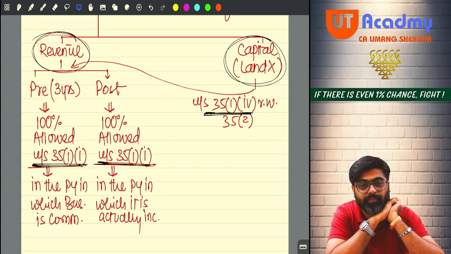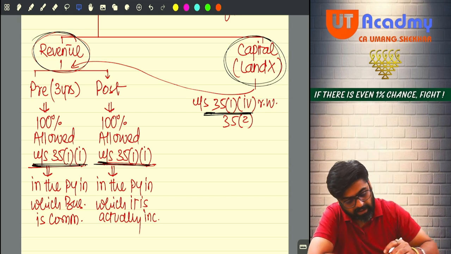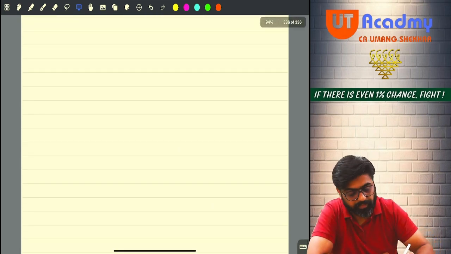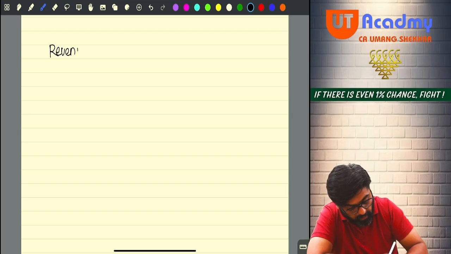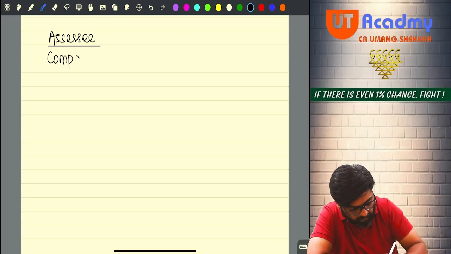Getting my point? So what used to happen, see, I'll make a table. In that table I will write down about the assessee. Assessee is a company doing what type of business?